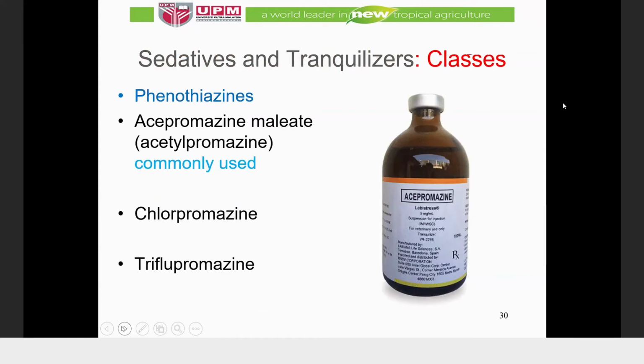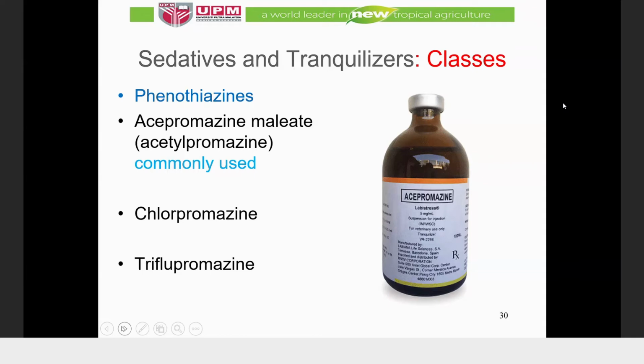Okay, so the most common classes of these drugs which we are using are phenothiazines, benzodiazepines, alpha 2 agonists, and then opiates.